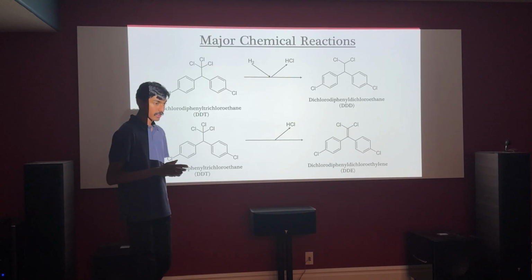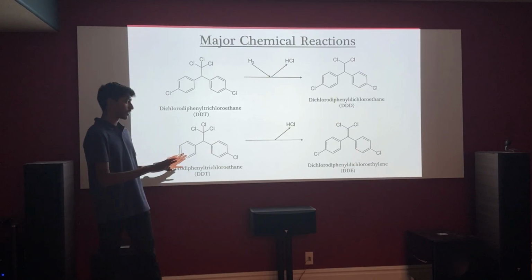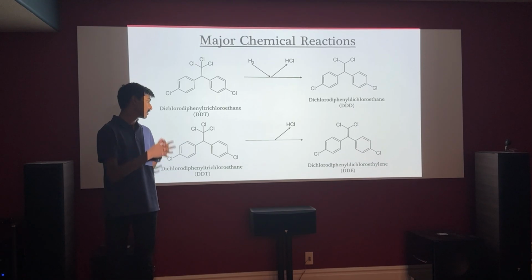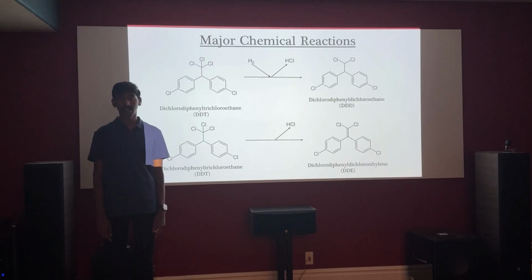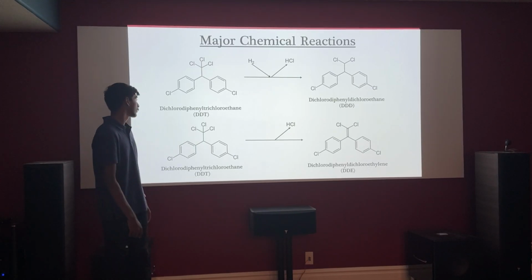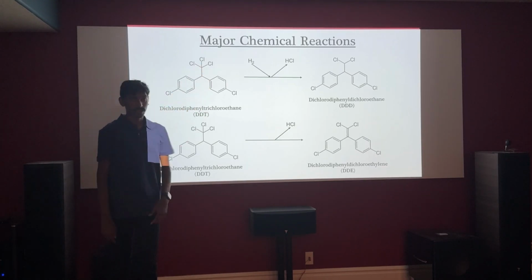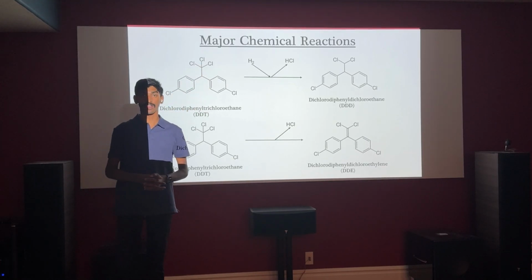Now, one more thing about DDT and some of these other substituents is that this CCl3 group at the top is very, very reactive. So it can actually pop off and form what's called a radical.